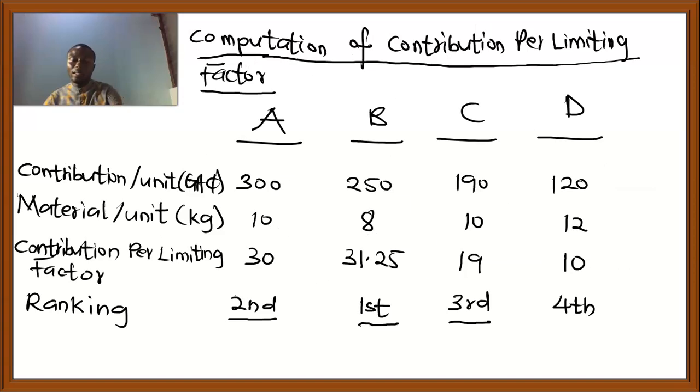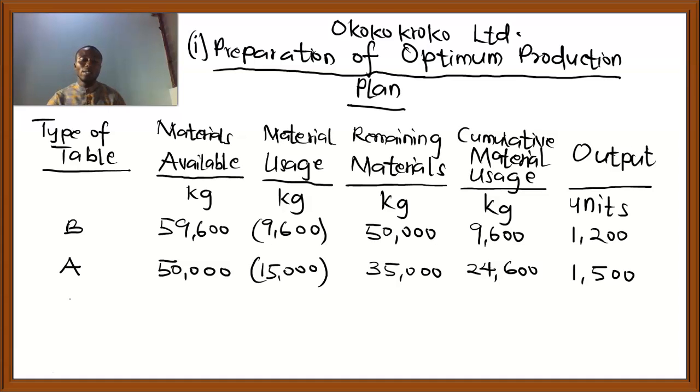And the third table on the ranking is table C. So we have table C. The remaining materials now is 35,000. And the total material requirement for table C, according to the schedule we earlier prepared, is 20,000. So we subtract 20,000 from 35,000, and that gives us 15,000.